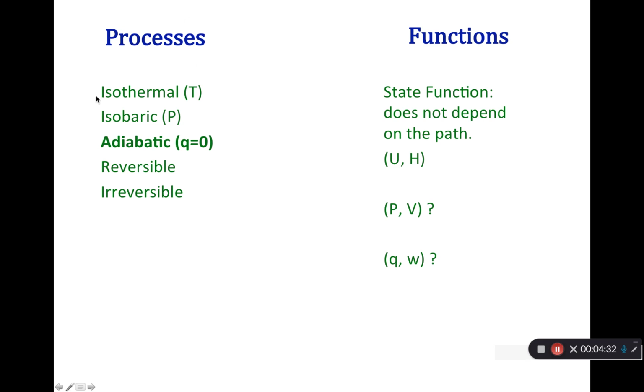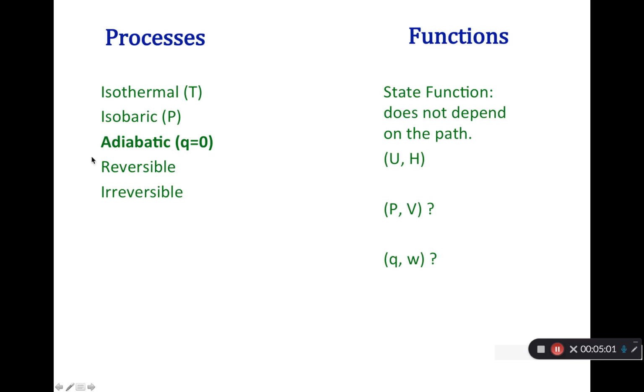A few more terms that we should define. An isothermal process is a process occurring at constant temperature. An isobaric process is a process occurring at constant pressure. We have not talked a lot about adiabatic processes, but most of the biological reactions that occur in cells are adiabatic because the process is very fast and there is no time for heat transfer. An adiabatic process is one where there is no heat transfer.